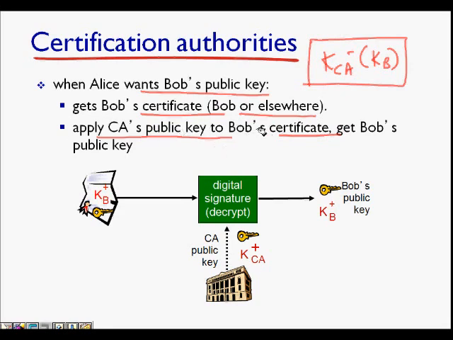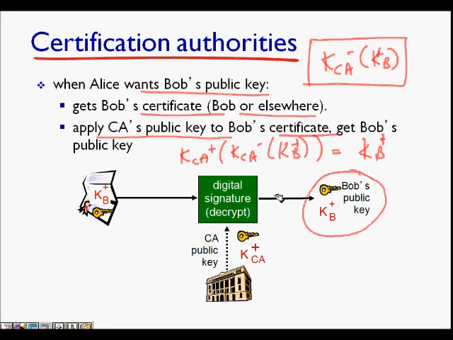How will I now get the public key of Bob? I will apply KCA plus, the public key of the certification authority, and from there I will get KB, the public key of Bob. The digital signature is done by the CA and I get Bob's key.